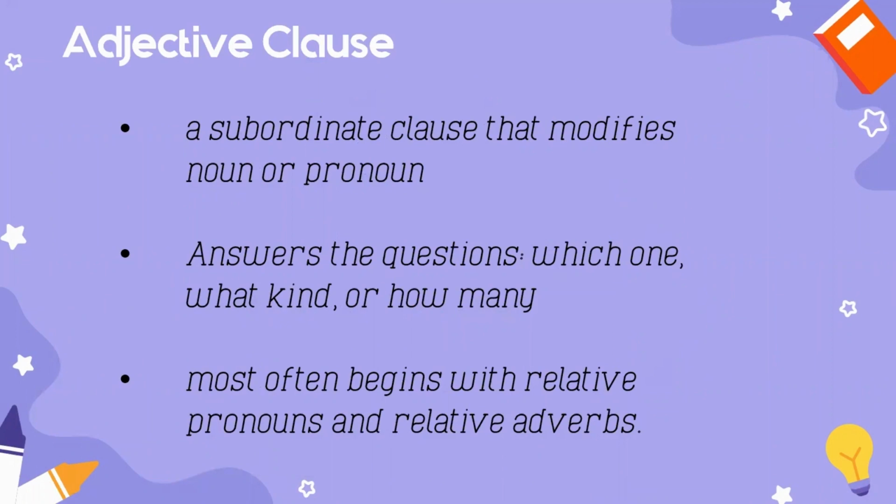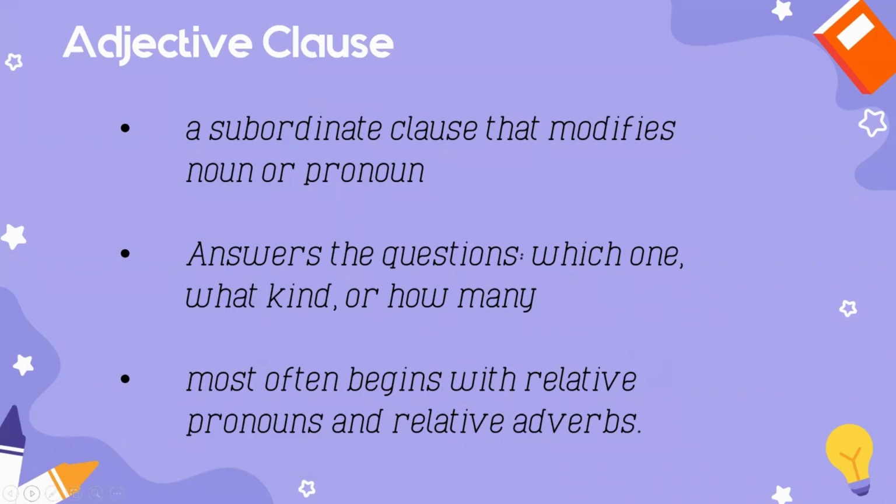It answers the questions which one, what kind, or how many. Most often it begins with relative pronouns and relative adverbs. So take note that dependent clauses or subordinate clauses may only function as a noun, adjective, or adverb. So first, let's focus on the adjective clause.